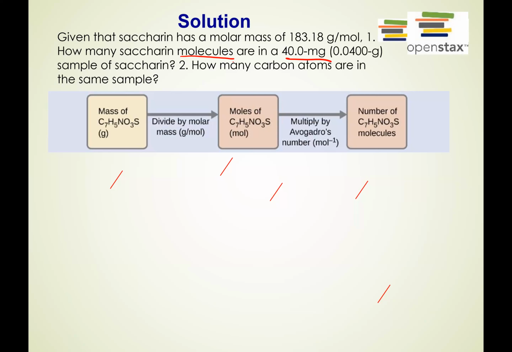So we're going from milligrams. Remember, 1,000 milligrams in 1 gram. So if we start with 40 milligrams, I'll worry about my sig figs in the end. So 40 milligrams of saccharin. I'm just going to call it sac, okay? Don't have to write the whole thing. What unit has to go on the bottom? Milligrams.